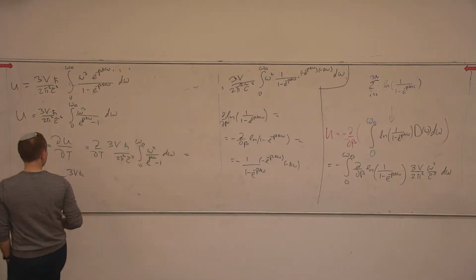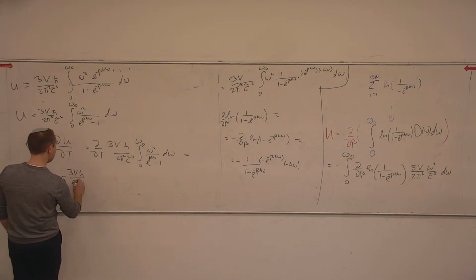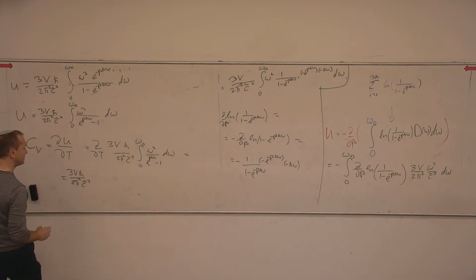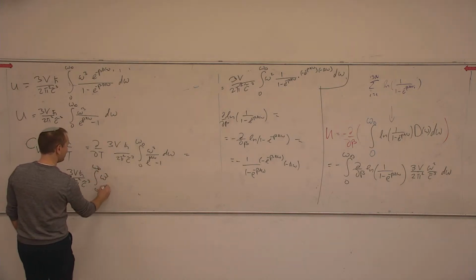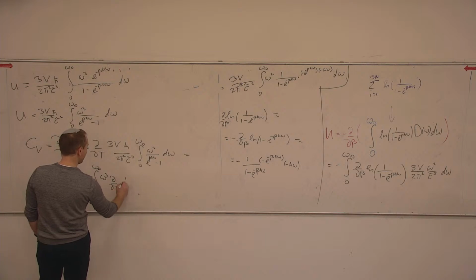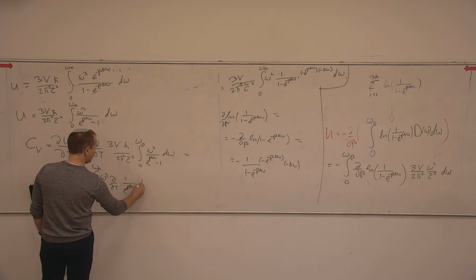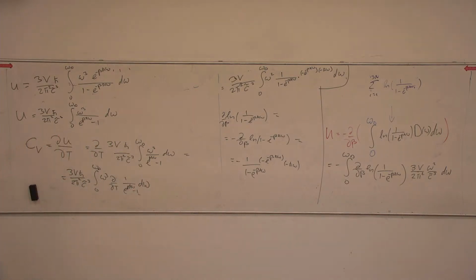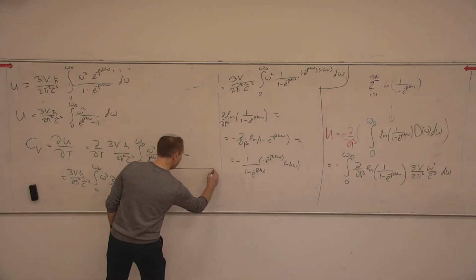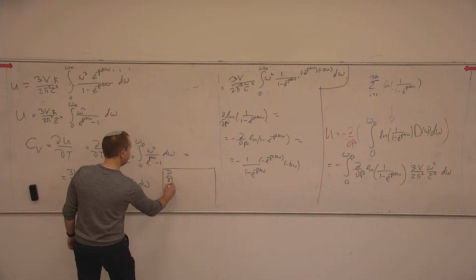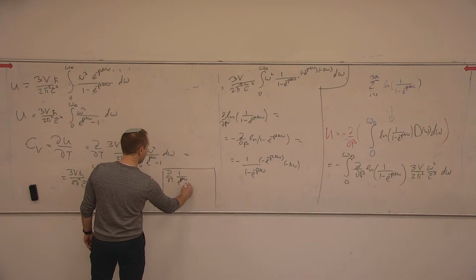So 3V h bar over 2 pi squared c tilde to the third, an integral from 0 to omega_D, omega to the third, d/dT of 1 over e to the beta h bar omega minus 1, d omega. Okay, so we have to take the derivative d/dT of 1 over e to the power beta h bar omega minus 1.